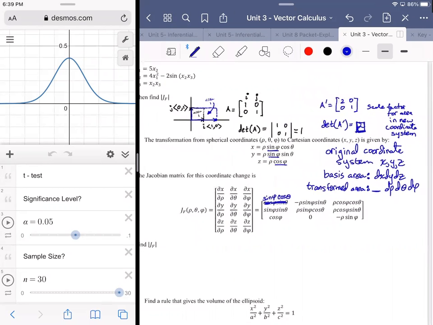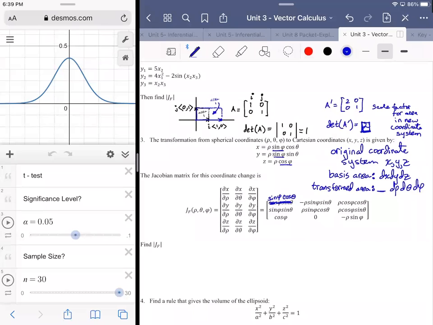All right. So then, this is where you kind of dive in and get down to business. We've got to look for convenience. So if only we had a triangular matrix, we don't. But we do have one that has a 0 in it. So that's the row we're going to work across. So the bottom row, first entry is cosine of phi.